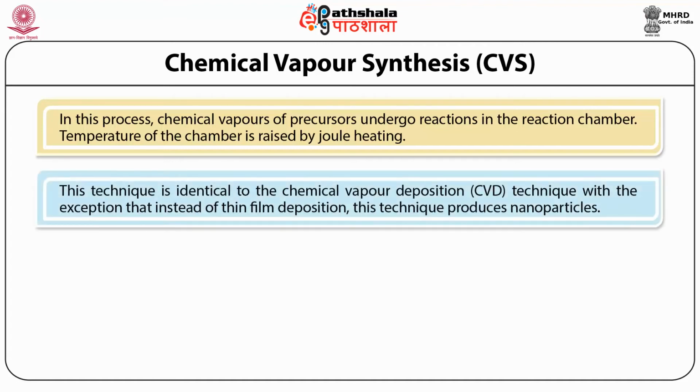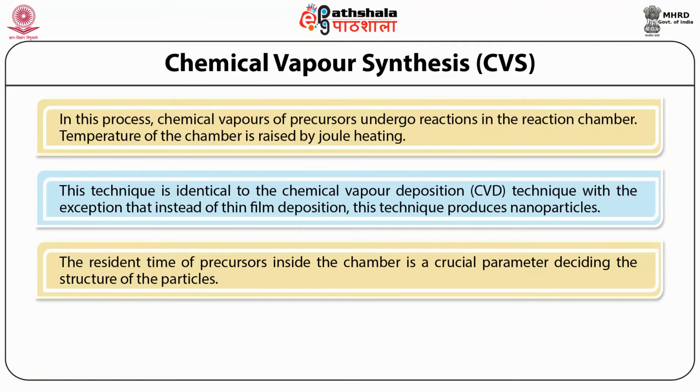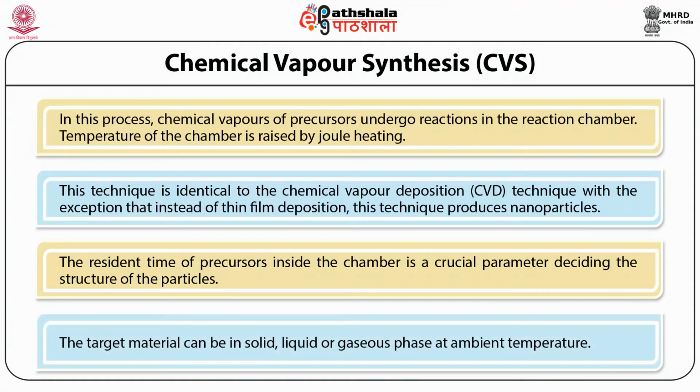This technique is identical to the chemical vapor deposition technique, with the exception that instead of thin film deposition, this technique produces nanoparticles. The residence time of precursors inside the chamber is a crucial parameter which decides the structure of the particles. The target material can be in solid, liquid, or gaseous phase at ambient temperature.